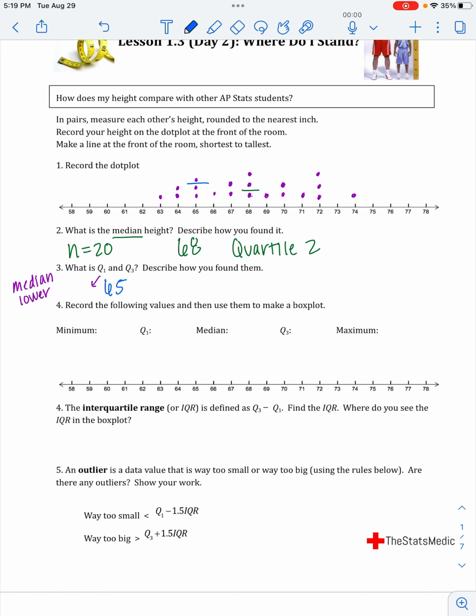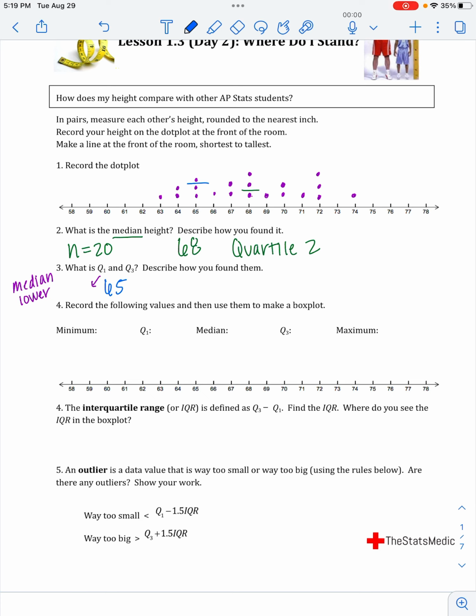Okay. Try on your own to see if you can do Q3, which means the median of the upper half. You're going to do the same thing I just did, but with the upper half. Did you find it to be 70.5?